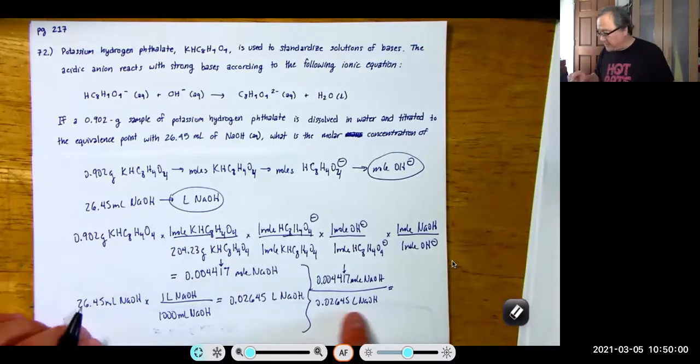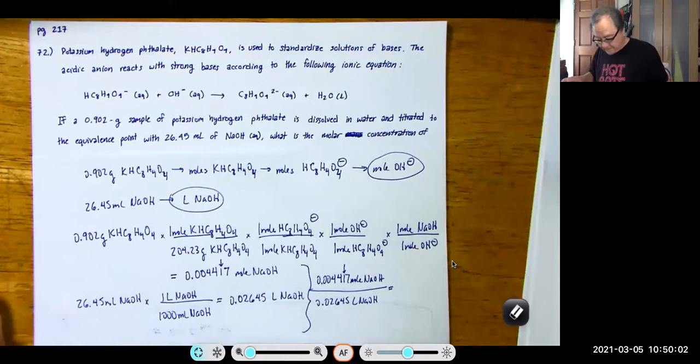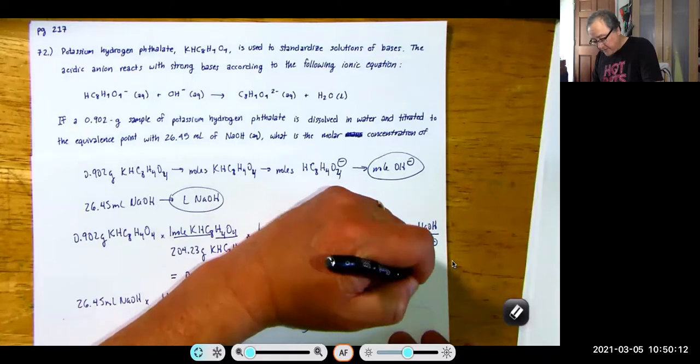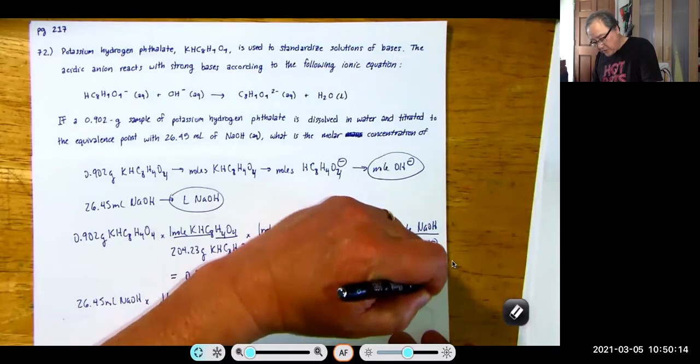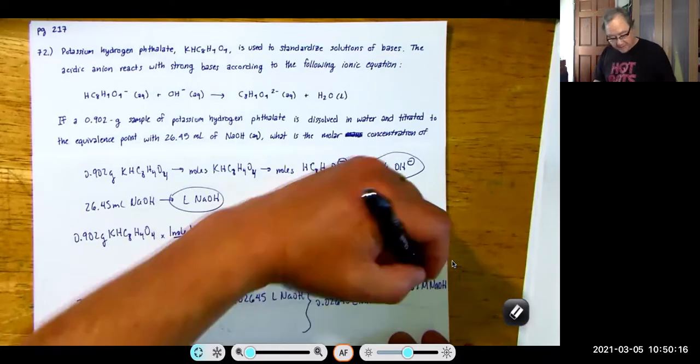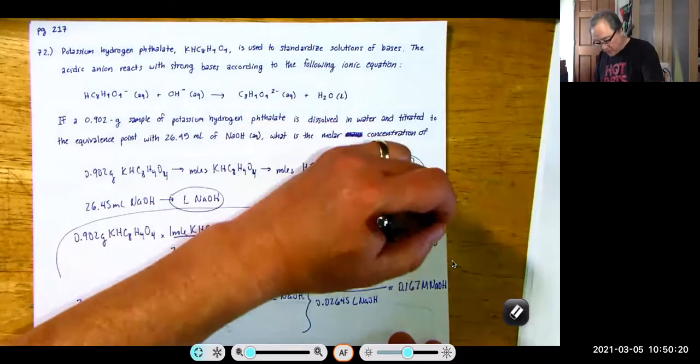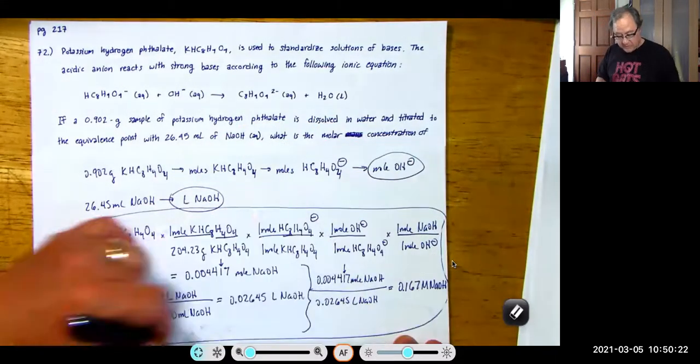So my answer here will be 3 significant figures. And our answer is 0.167 molar sodium hydroxide. So we would expect to see all of this work here for this answer.